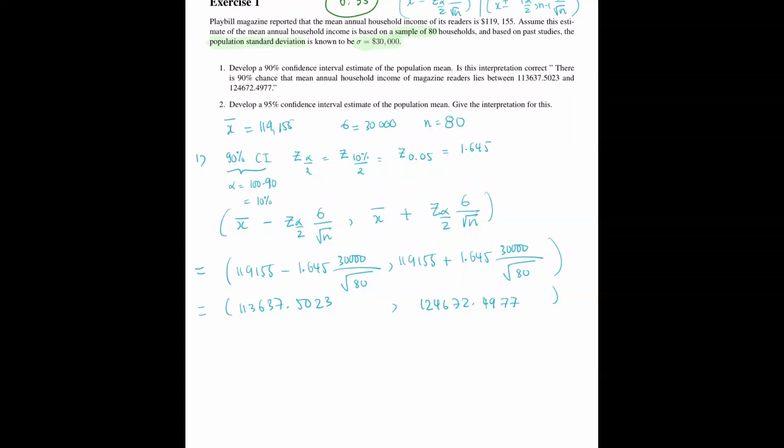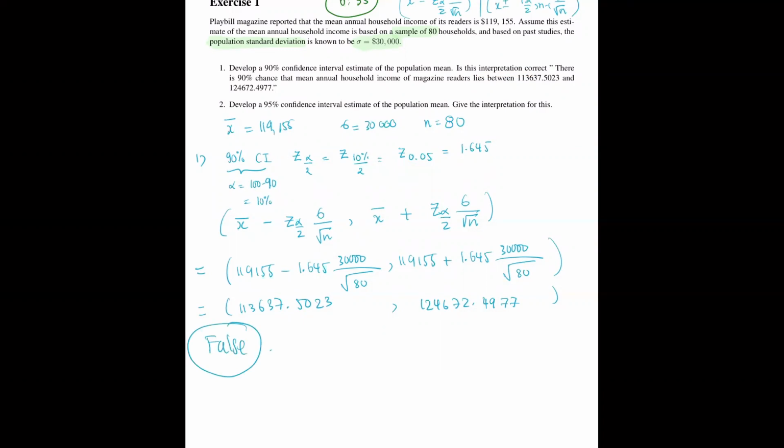Is it a correct interpretation of the confidence interval? If you don't remember, then I will recall it for you. This is the wrong interpretation. It's very tempting to interpret it this way, but it is incorrect.